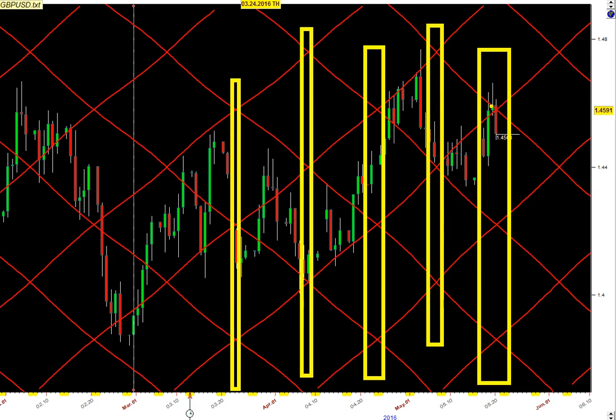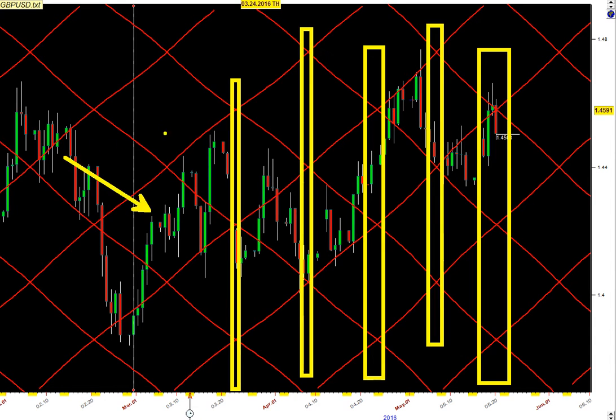Vectors, vibration, and every time price hits these vectors or vibrations, intersections of planetary lines going up and down, something happens. You either have it stall, like right here.